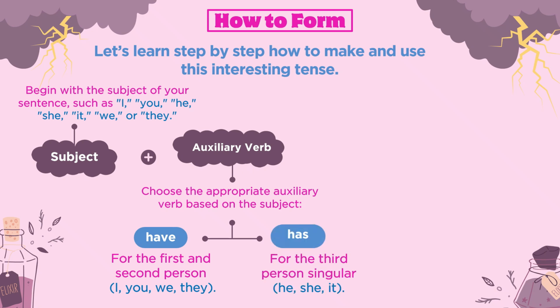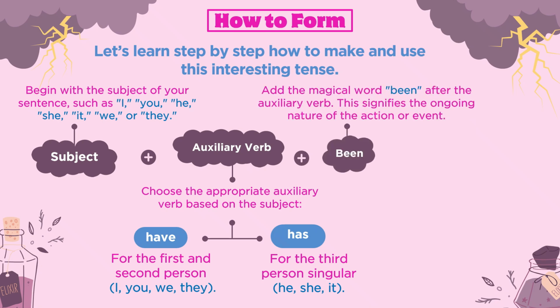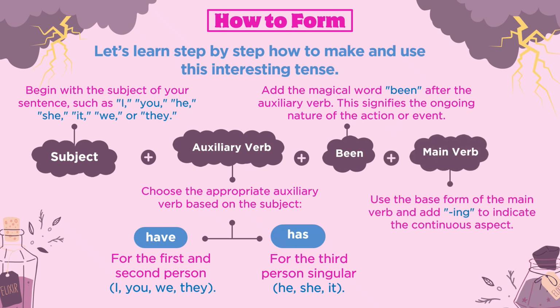And if you have the third person singular in your sentence, such as he, she, or it, you will have to use has. After that, we use the be verb been. It's a magical word that is used to signify the ongoing nature of the action or event. After that, in the last, we use the main verb with the ing form to indicate the continuous aspect.